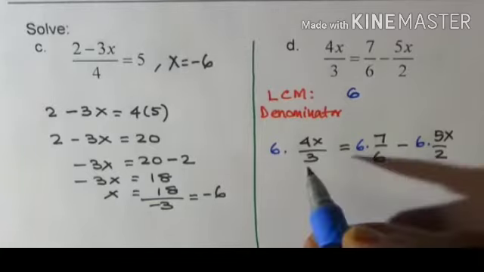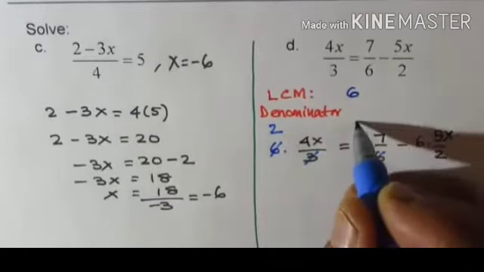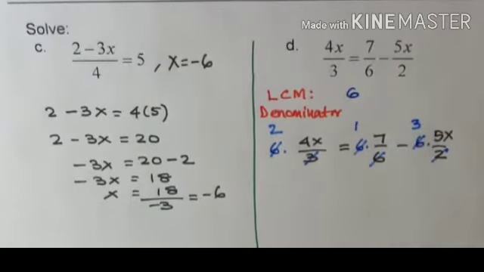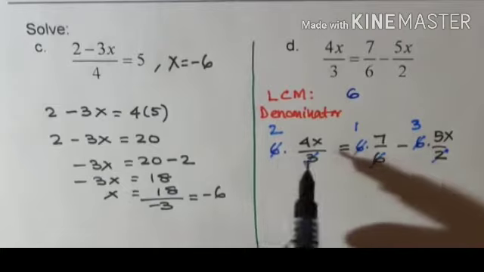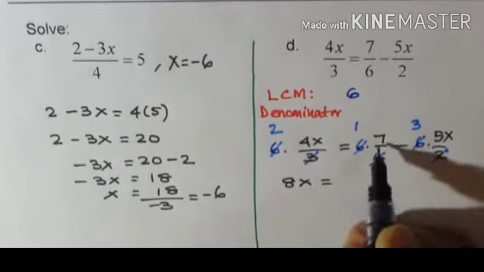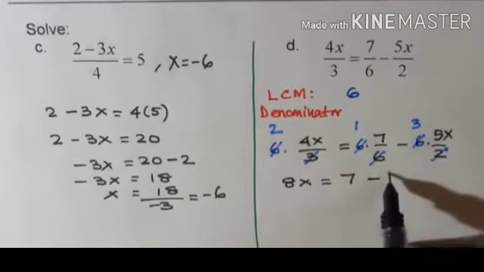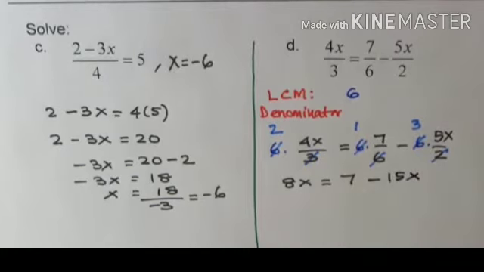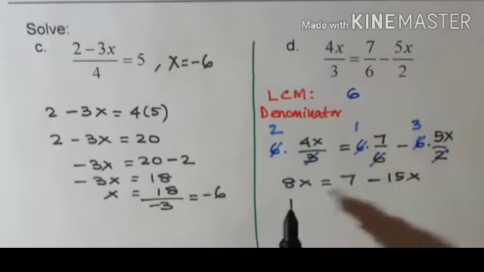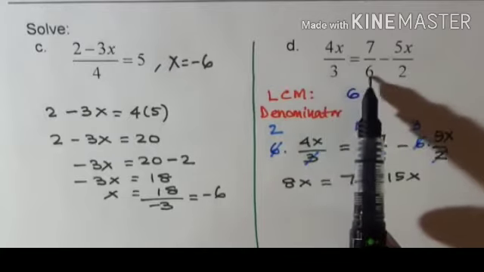So here, 3 goes 2 times, 6 goes 1 time, and 2 goes 3 times. So basically, you get a linear equation without fractions. 4 times 2 is 8, so I could write this as 8x equals 7 minus 3 times 5, 15x. So 4 gets multiplied by 2, we get 8x, 7 remains as such, and 5 gets multiplied by 3.